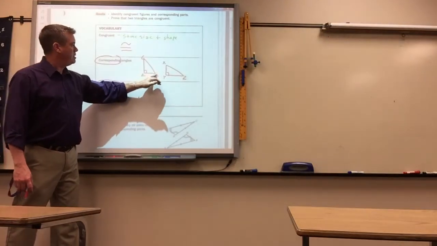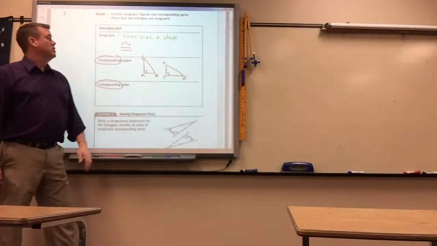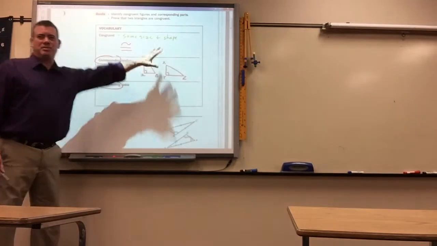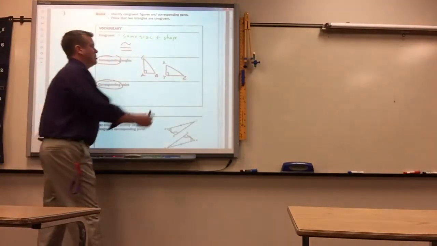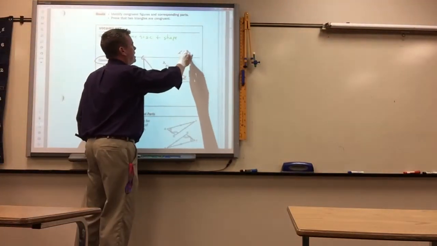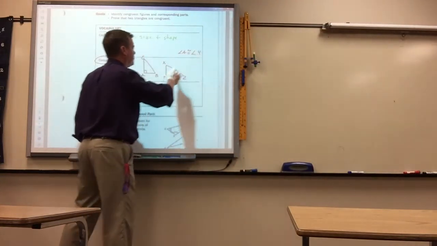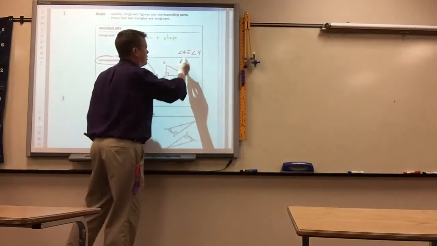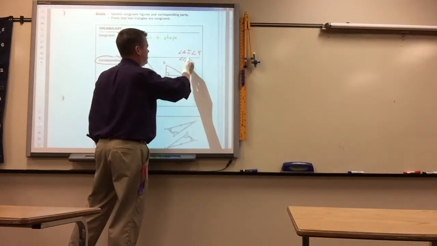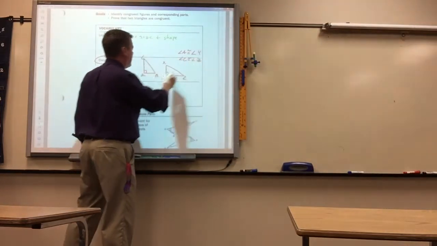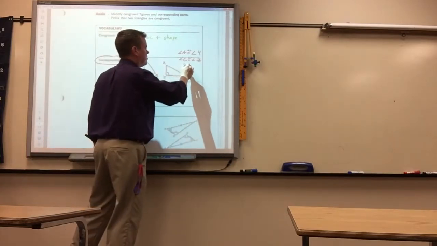And then B and X are corresponding. So, since these are congruent triangles, you would say angle A is congruent to angle Y because they're both 90. Angle C is congruent to angle Z. And then angle B and angle X.